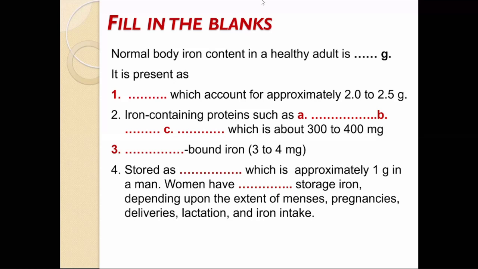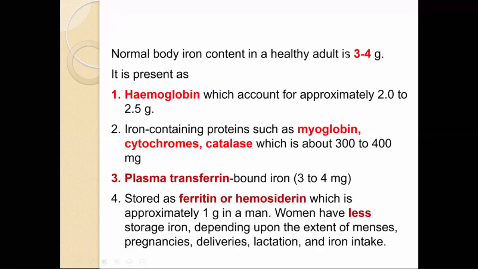Okay, so let's try and complete this together. Normal body iron content in a healthy adult is usually how much iron? Yes, so it's usually 3 to 4 grams.